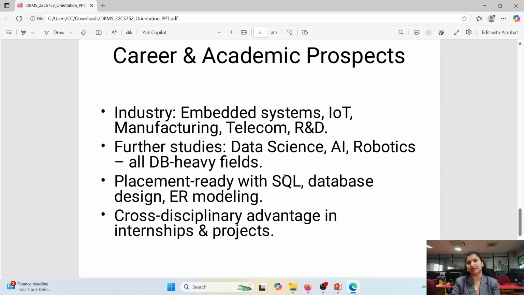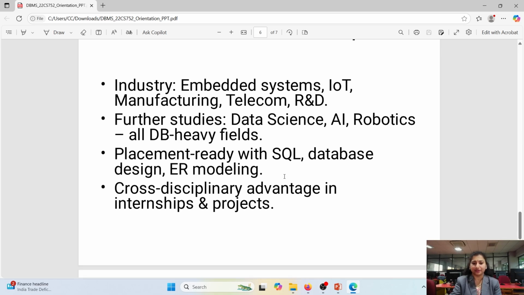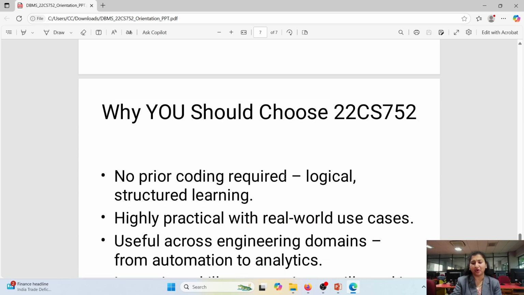Being from another department, if you have in your CV that you have gone through a course of database management systems, it will fetch you a place in the placements. The other part, the unit wise introduction, will be told to you in the class when you come to the class. Thank you.